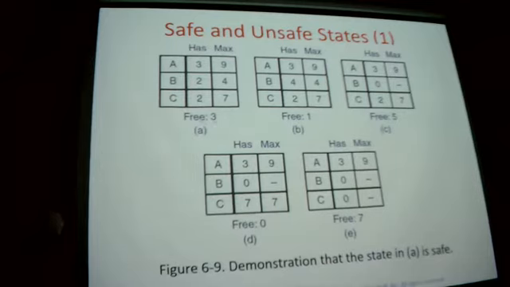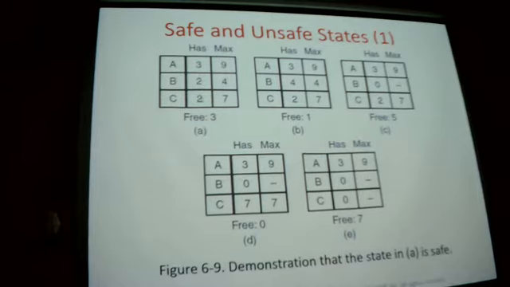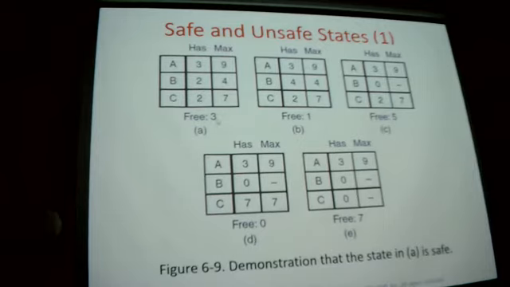The total number of the resources is 10, and 7 have been allocated. So the free one is 3, and it means that we can allocate the 3 resources to processes.